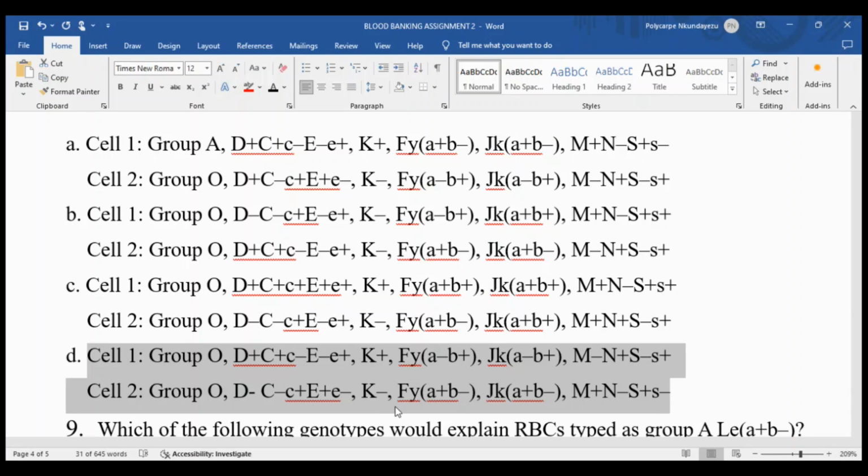And of course, the group must cover all blood groups, right?